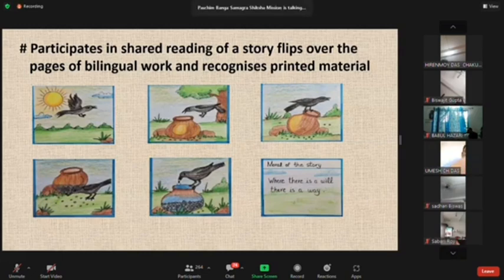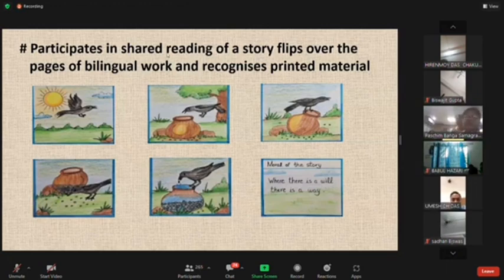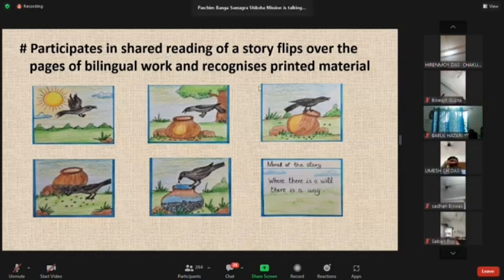Whenever we are taking up stories, we must be very careful that the story is short and simple. From this story, we have to choose the very important 4 to 6 sequences. Then we can prepare the picture cards. If it is not possible to draw, then we can take the pictures from books also.